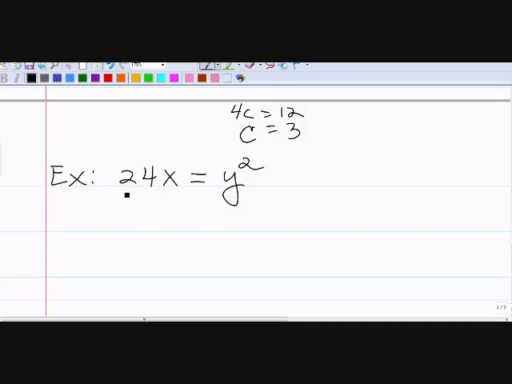To solve this equation for x, I'm going to divide both sides of this equation by 24 and get x equals 1/24 y squared, so that your y squared will have an a sitting next to it.